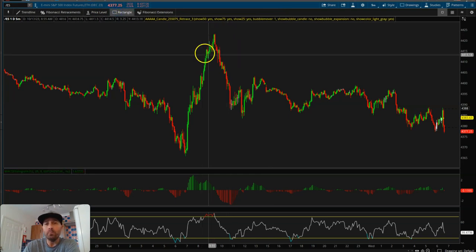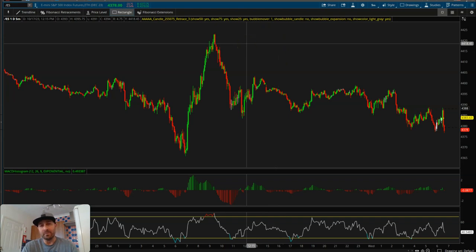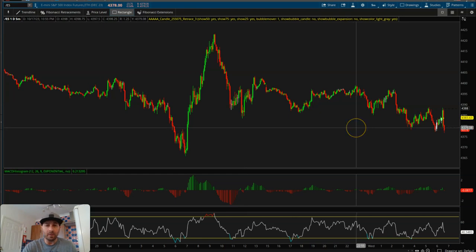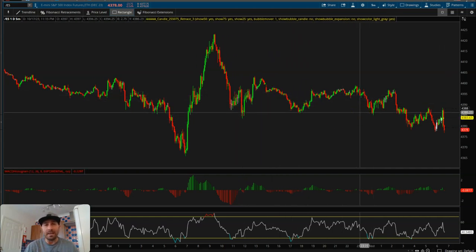So how do we draw supply and demand zones? Well, right now we're on the 5-minute chart. We're going to draw these supply and demand zones for intraday. The market just opened, and I want to find levels where I could be a buyer or seller depending on what the market does. Right now, we're in the middle of a trend.